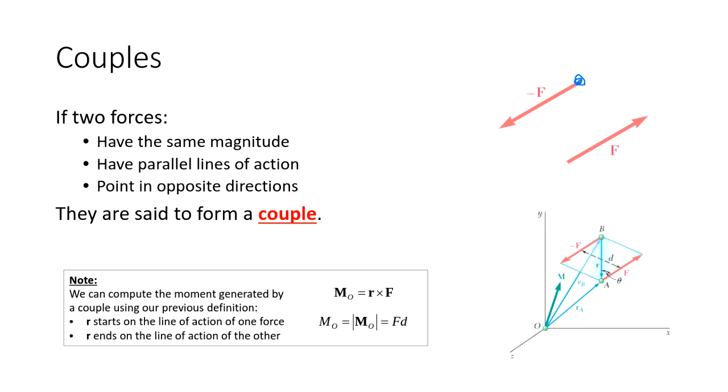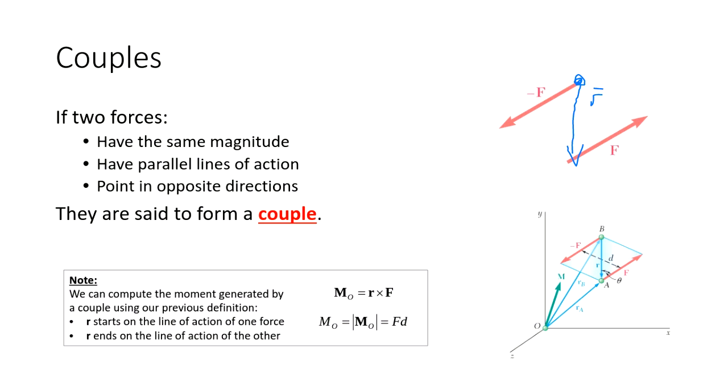If I'm summing moments about this point, then this right here is my R, and R cross F will generate the moments. If I take moments about that one point, this negative F force goes directly through that point, so it doesn't generate moment. The only thing you have to consider is the R cross F of the other, so this R vector and this F vector down here.